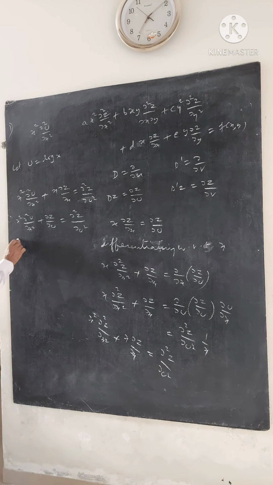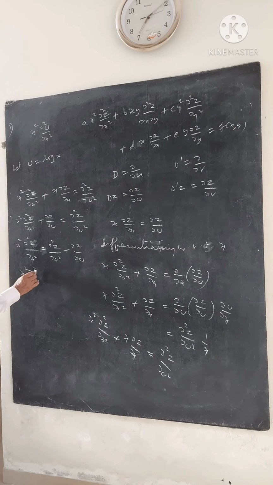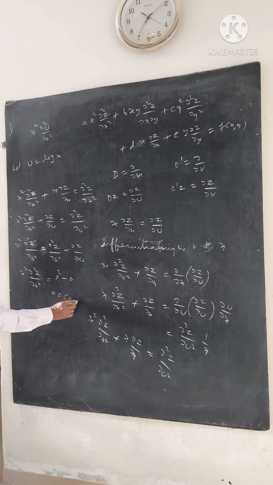Taking that to the other side, x² ∂²z/∂x² equals ∂²z/∂u² minus ∂z/∂u, which equals x² ∂²z/∂x² equals D² minus D, that is D(D minus 1) of z. This is important when doing all these variable coefficient sums.